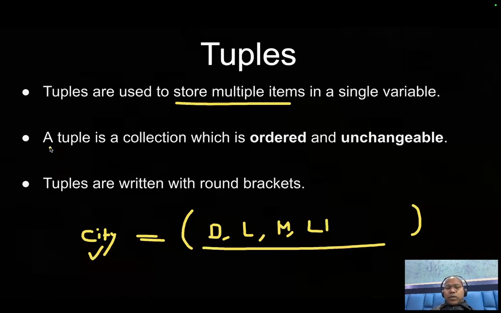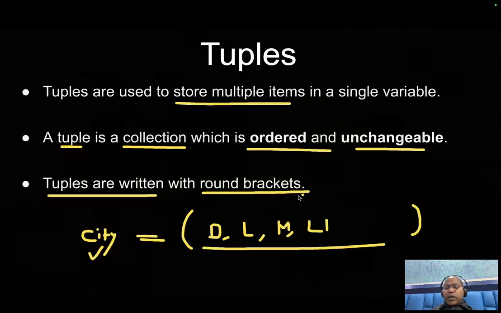So simply put, a tuple is a collection which is ordered and unchangeable, that means immutable, and it is written with round brackets. You remember that when we discussed the list data structure, lists use square brackets to store collections of data.